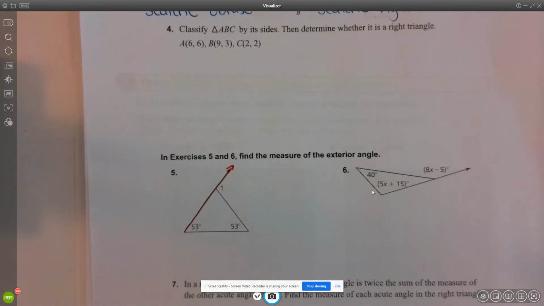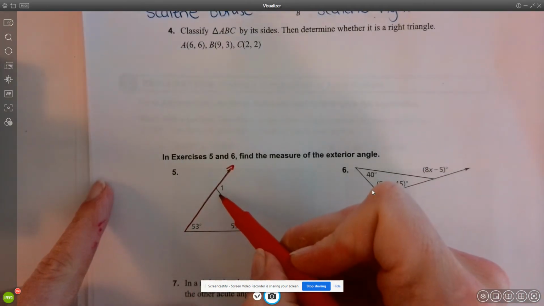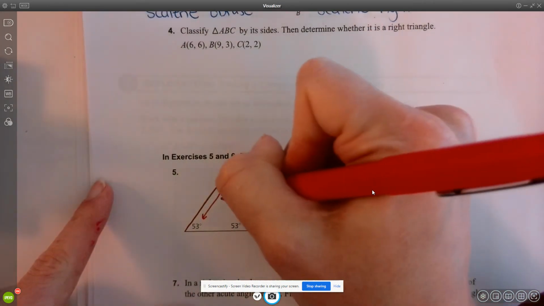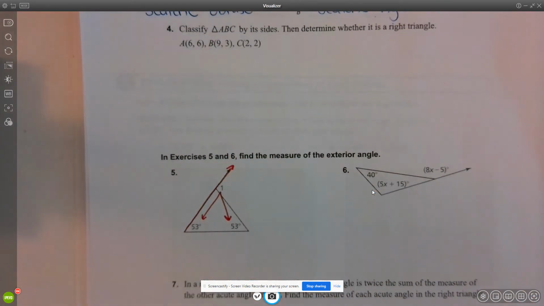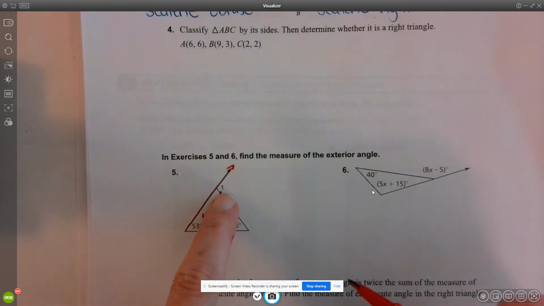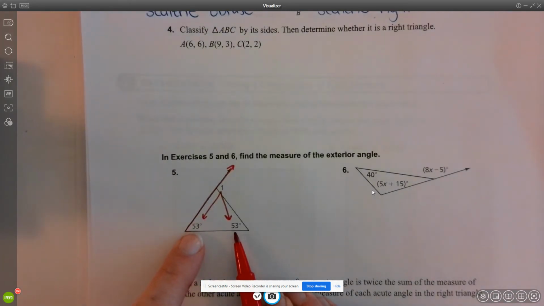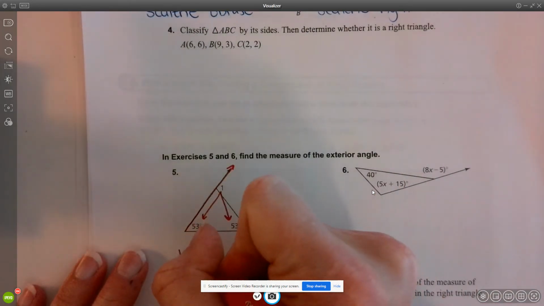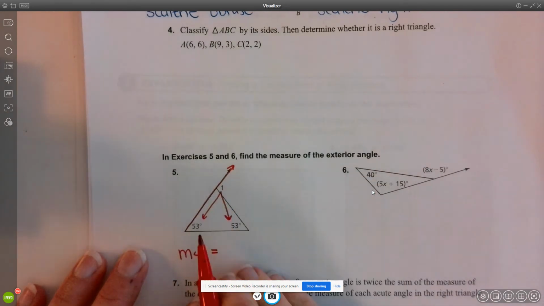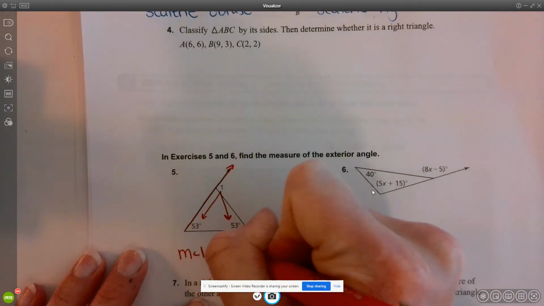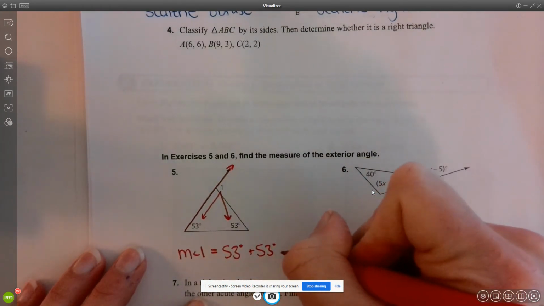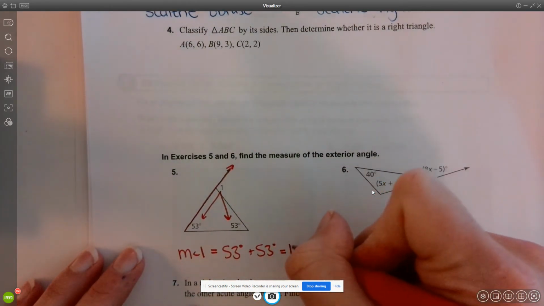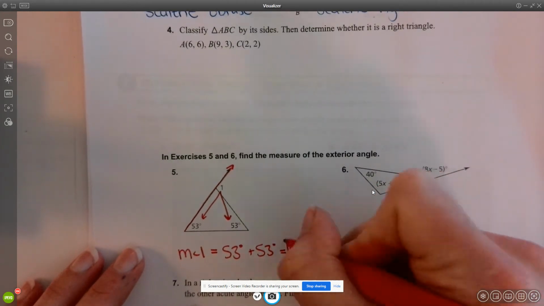And we know by the exterior angle theorem that if we look at the two opposite angles that are inside the triangle, we can find the measure of angle 1 by adding them together. So the measure of angle 1 is equal to 53 degrees plus 53 degrees, which tells us that the measure of angle 1 is 106 degrees.